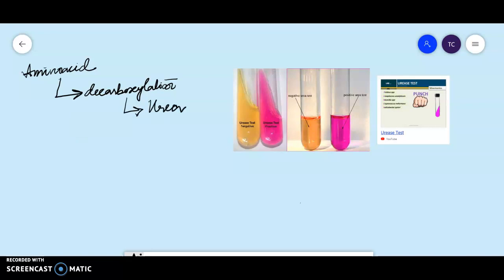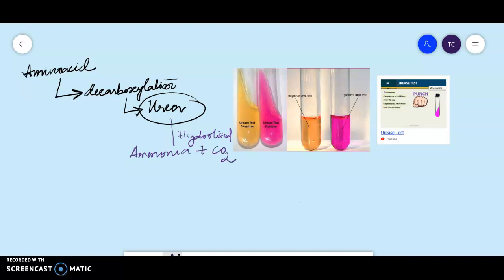Okay. Now the hydrolysis of urea: this urea which is being produced is further hydrolyzed to produce your ammonia and your carbon dioxide.